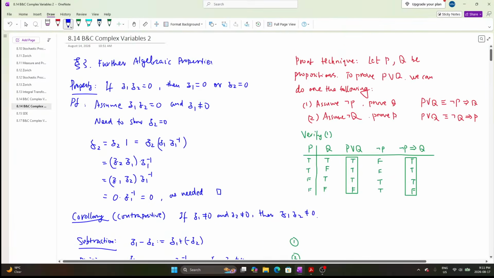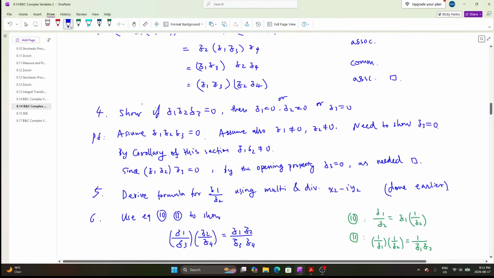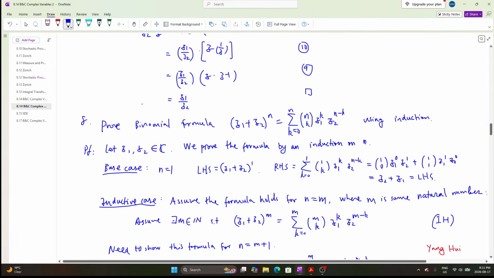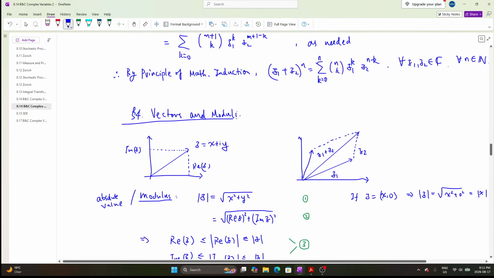Did I write that? This is actually section 3. Section 4 is vectorial representation. Yes, this is section 4, vector and moduli. Okay, so inequality number 3 in section 4 is this. We already wrote that down.